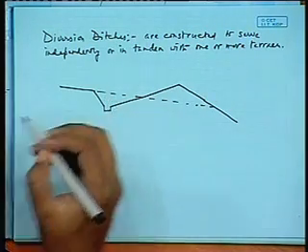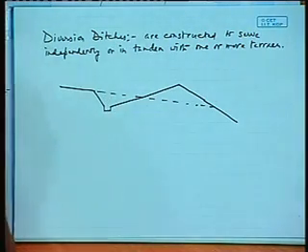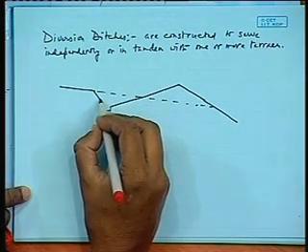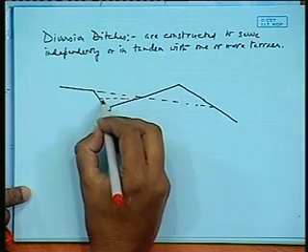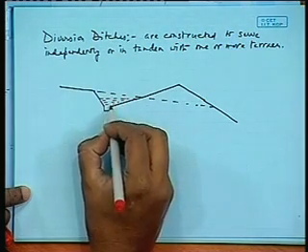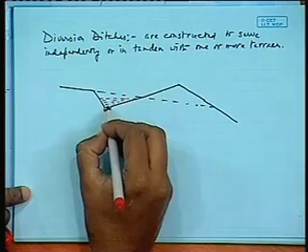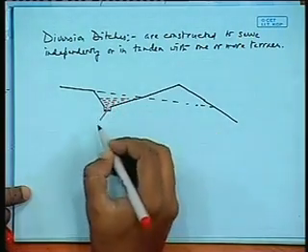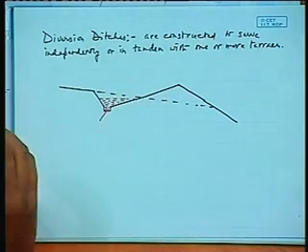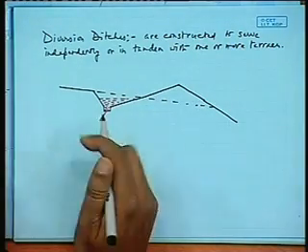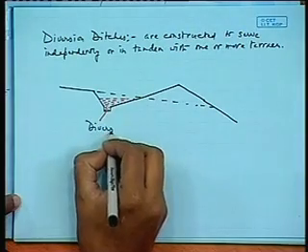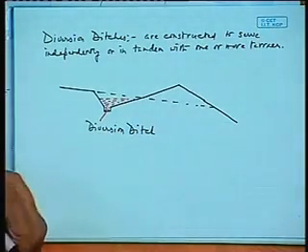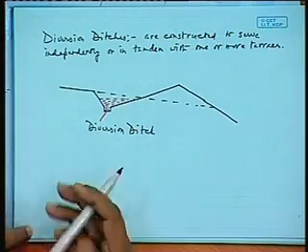If we see the diversion ditches like this, in places we also keep a diversion ditch, and this is known as the diversion ditch. As I have said, there may also be only diversion ditches.